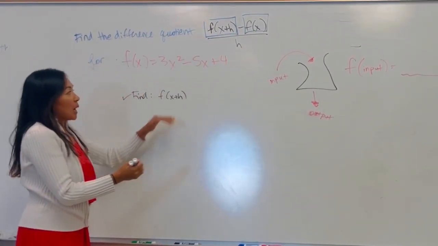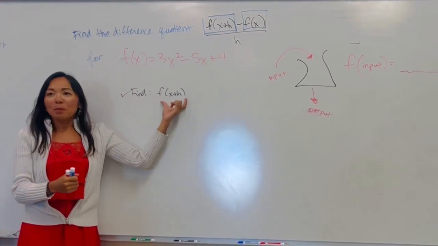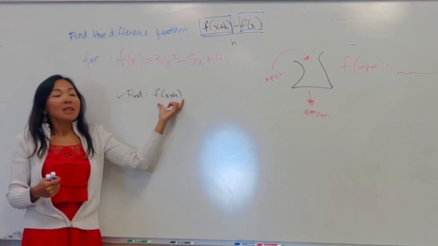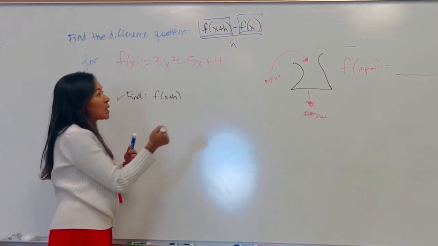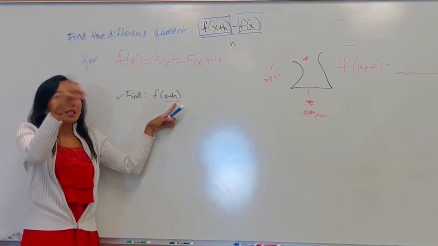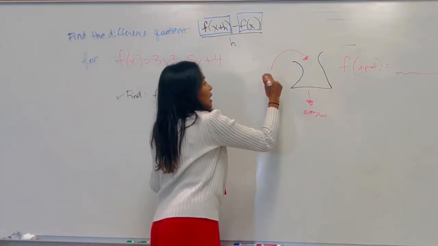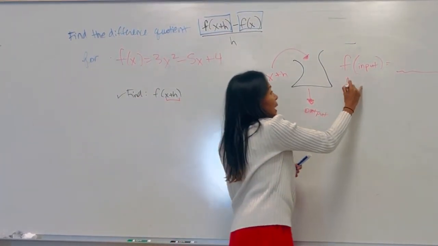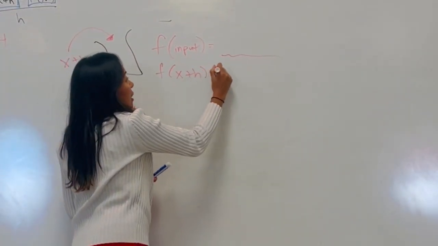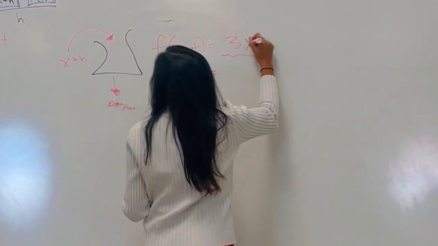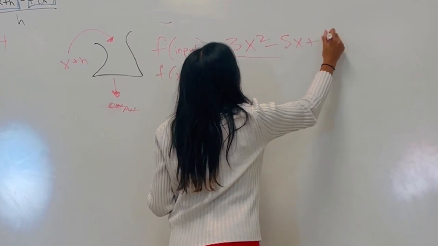So f of x plus h, what is the input for this function? x plus h, right. x plus h is the thing that you're putting inside the function. That's what you're feeding the machine, right? So here, my input is going to be x plus h. So when I put x plus h in here, my function right now is 3x squared minus 5x plus 4.